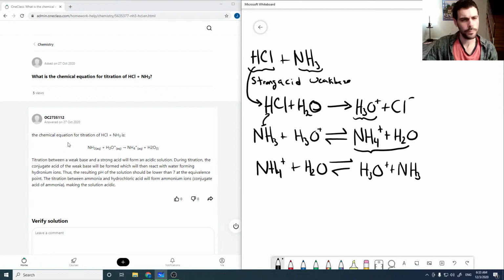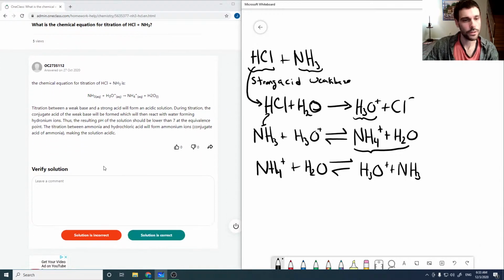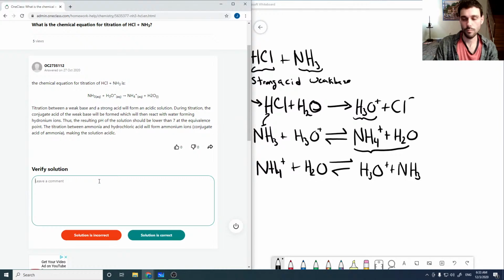NH3 plus H3O plus, yeah. So we've got a strong acid and a weak base, so we'll have a slightly acidic solution. And so that looks good.